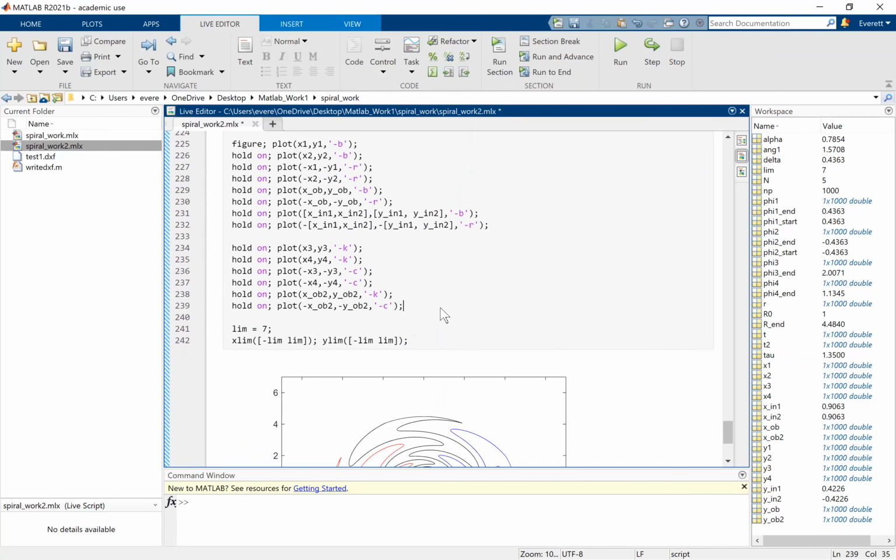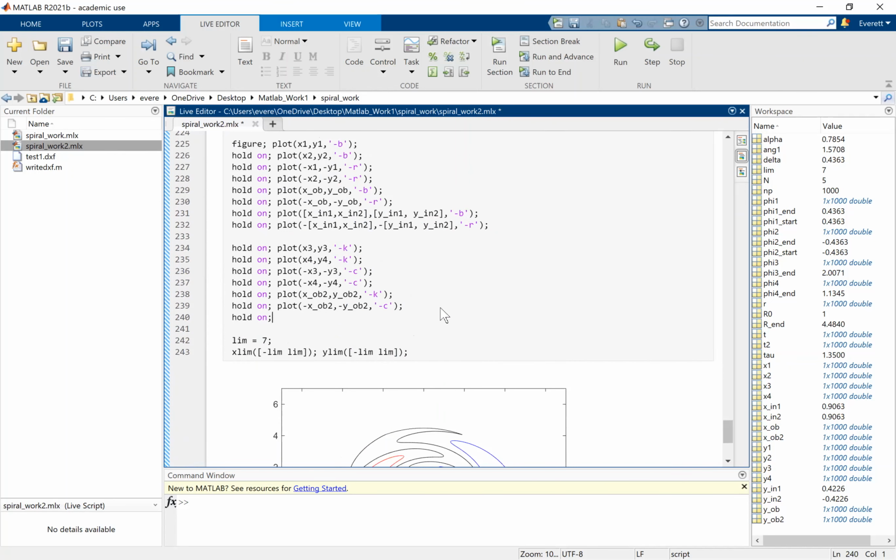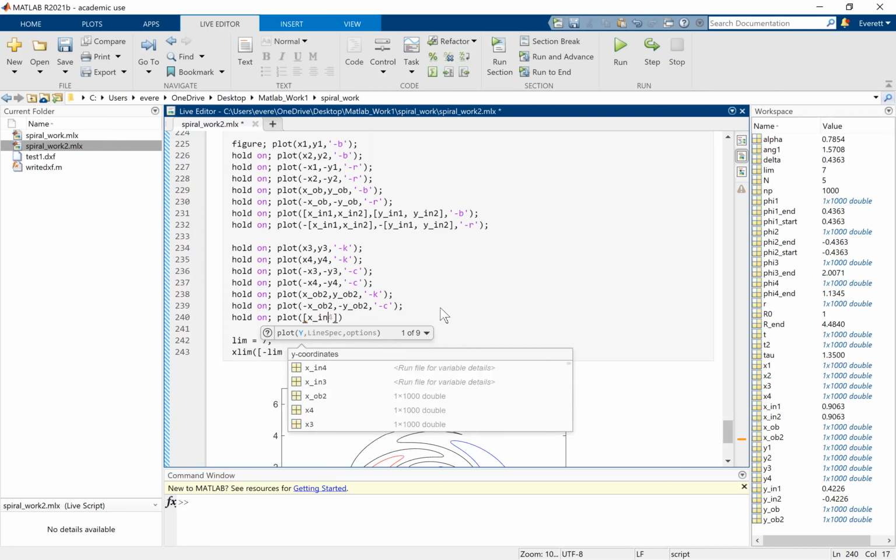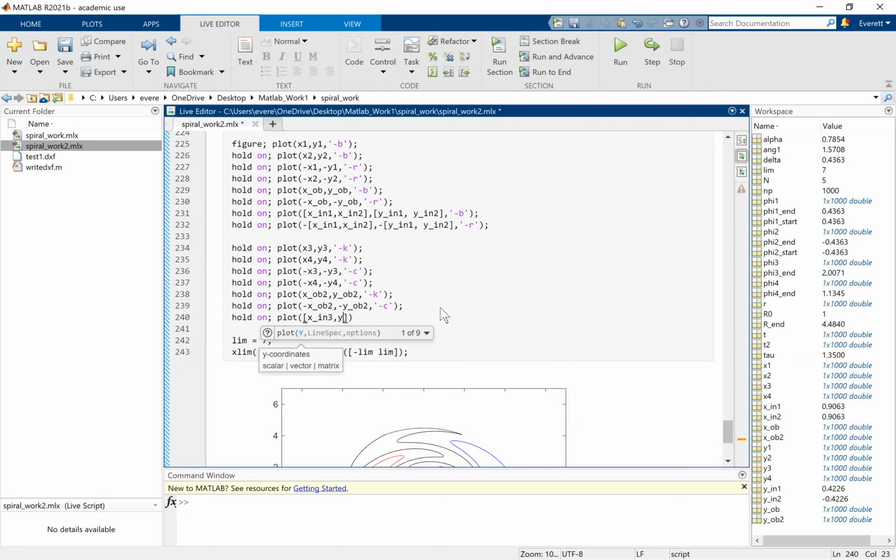All right, then we'll just plot them here. Plotting x_inner_bound_3. Oh, okay, we have to make it a vector here, so this will be x_inner_bound_3, x_inner_bound_4. Then we do y_inner_bound_3, y_inner_bound_4.